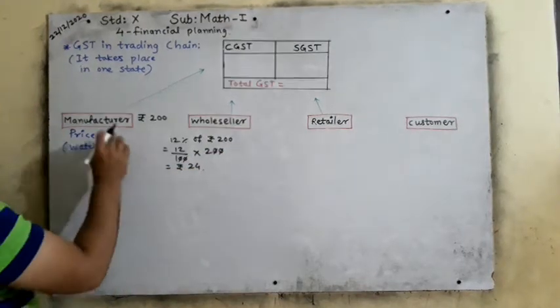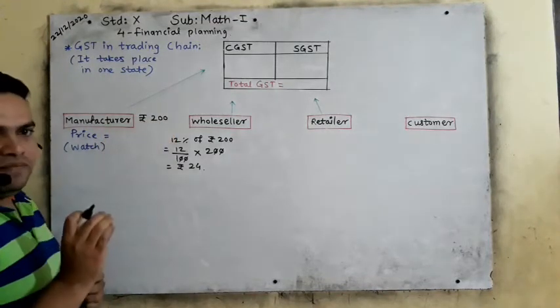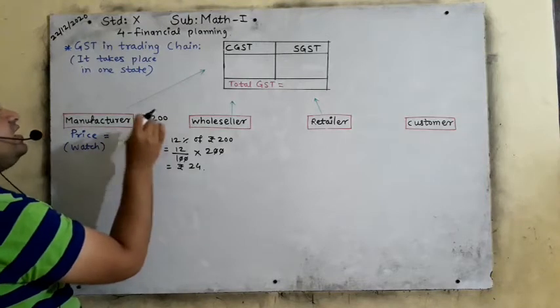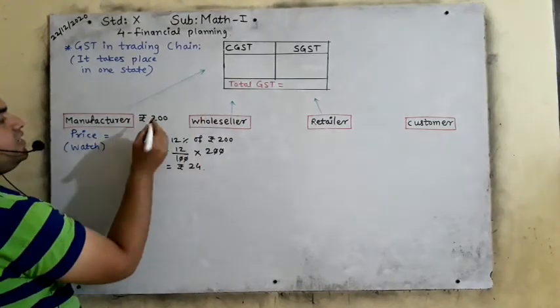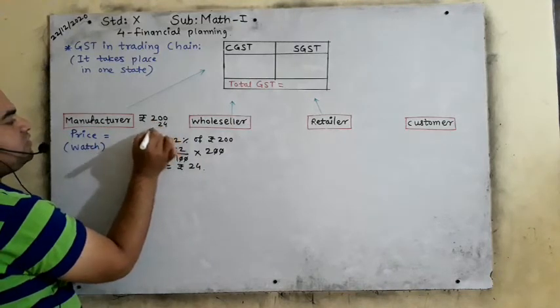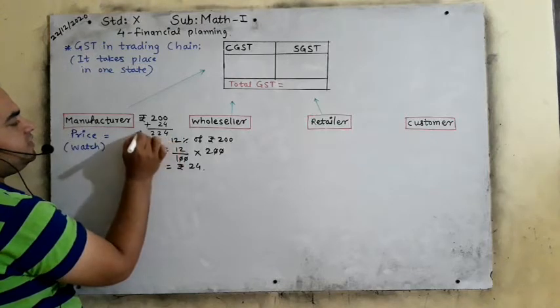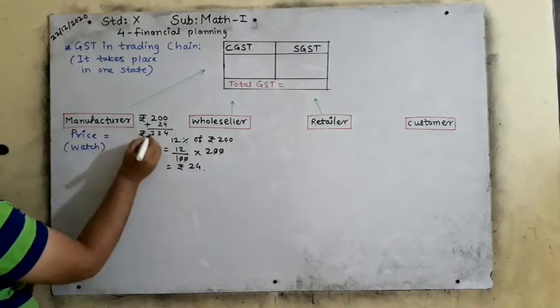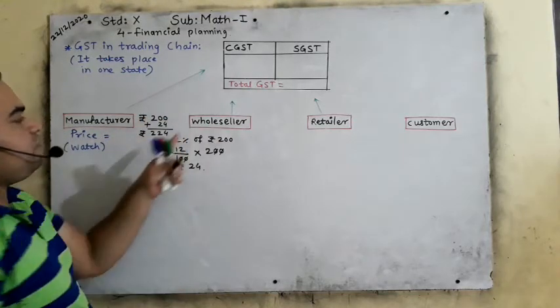So the manufacturer will take 200 rupees, that is the taxable amount, and he will receive 12% of 200 from the wholesaler. It means he will take 24 rupees more, so the answer will be 224 rupees. The manufacturer will receive 224 rupees from the wholesaler.